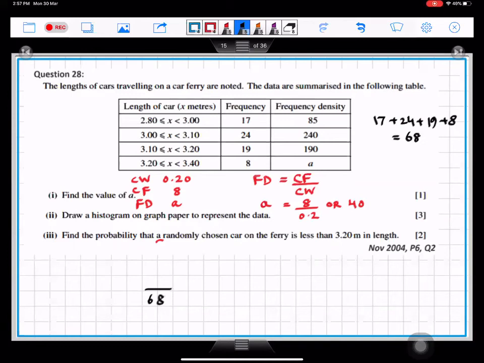The length is less than 3.2, so it could be this, this, or this. That should be the numerator: 17 plus 24 plus 19. Basically, 60 goes up the top, 68 goes down, and that is the answer. So it's a simple O-level math calculation regarding probability based upon a frequency distribution.